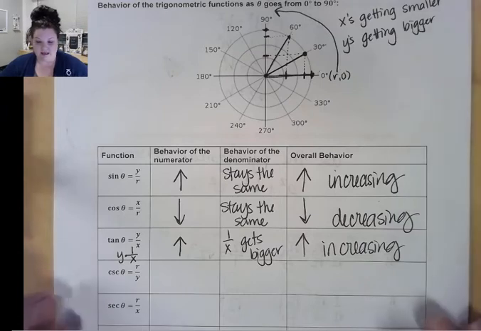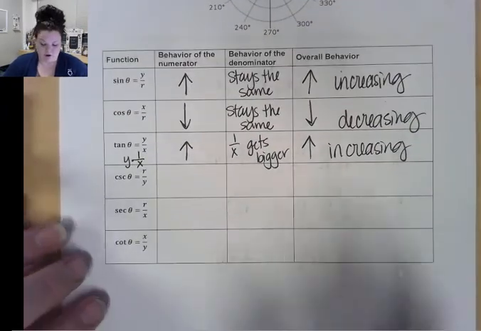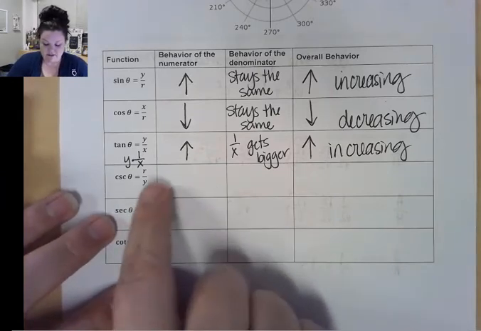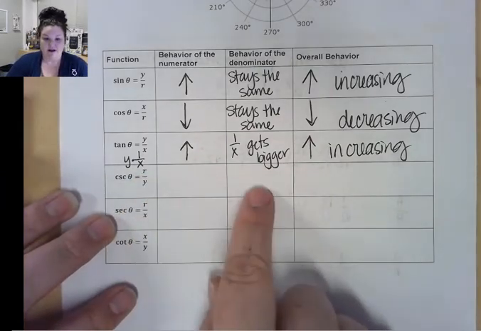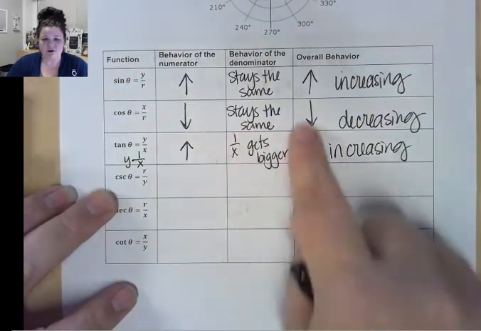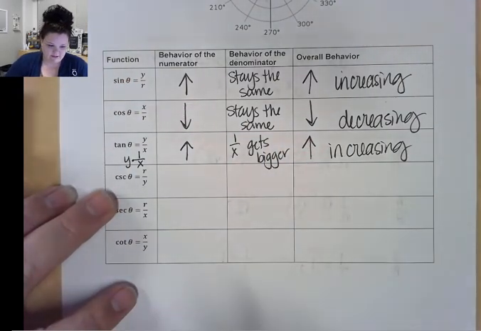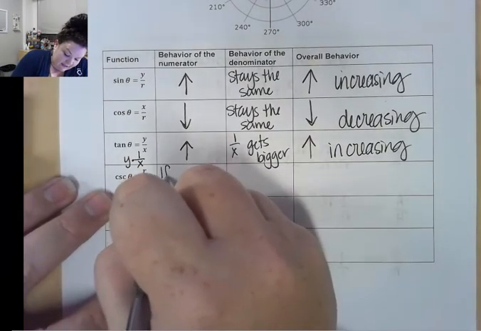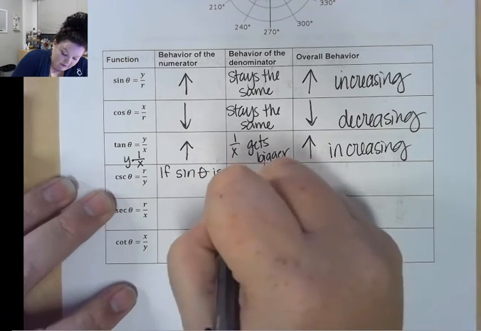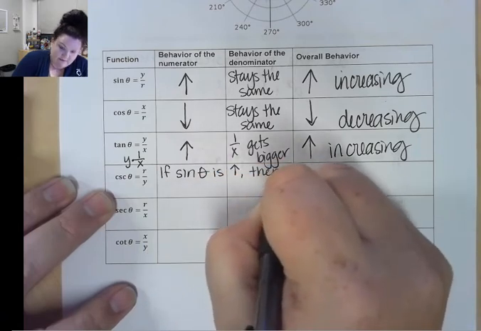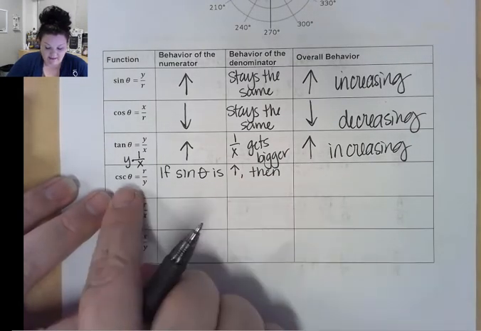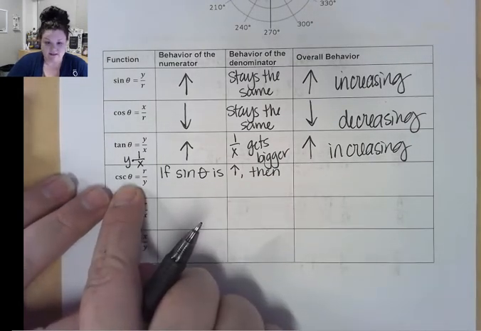So now we want to look at, well, what does that mean for our inverse functions, right? So instead of looking at the numerator and the denominator, I'm going to use the idea that these are reciprocals of the ones we've already figured out, okay? So let's think about this. If sine theta is increasing, okay, I'm just going to use an arrow up to show it's increasing, then I can think of cosecant theta, right?